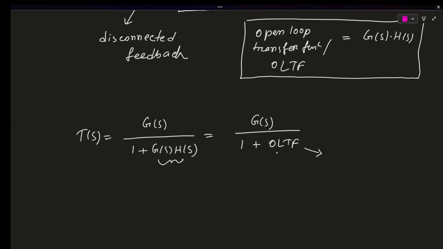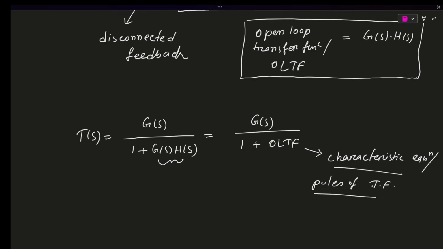The things that are in the denominator are known as the characteristic equation or poles of the transfer function.